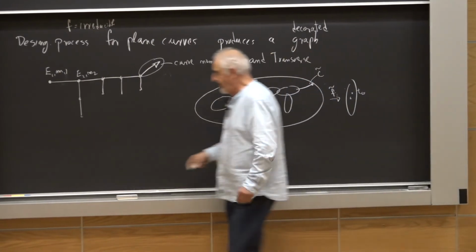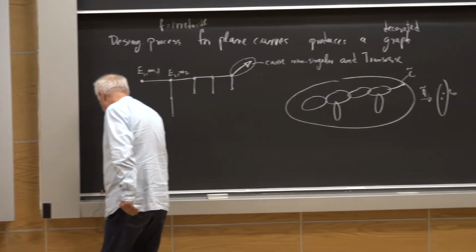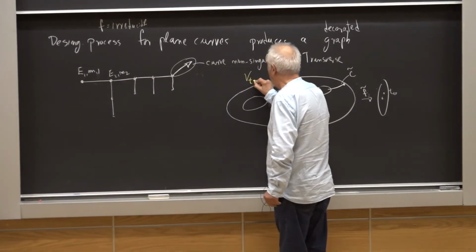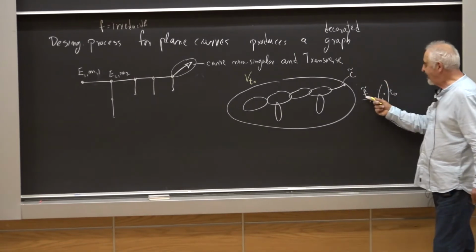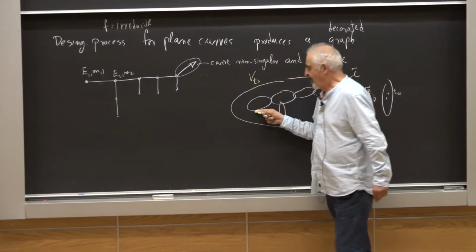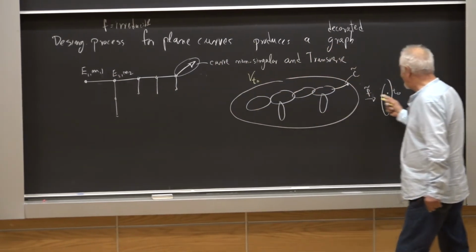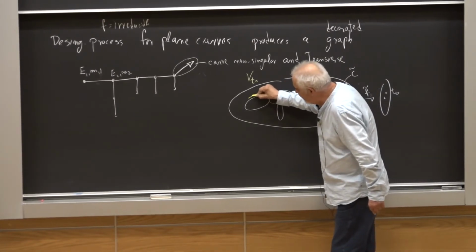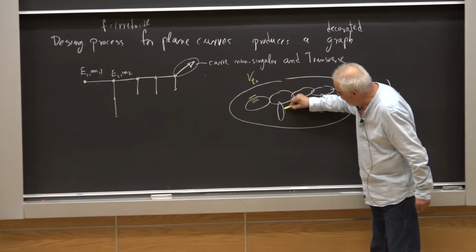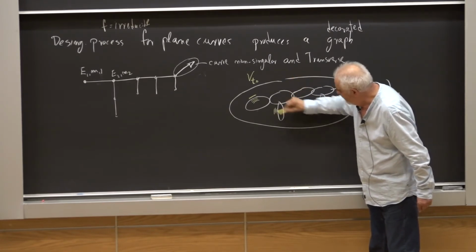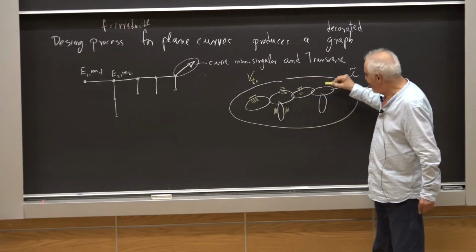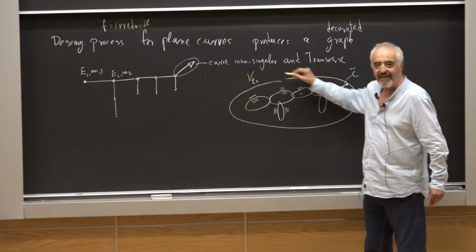So I look at f minus 1 of T0. So f tilde equal to 0 vanishes with multiplicity m1 over here. So this means that f equal to T0 will be passing m1 times there. And then here it will be passing m2 times, here M3 times, M4 times, M5 times. It's a finite number of times.